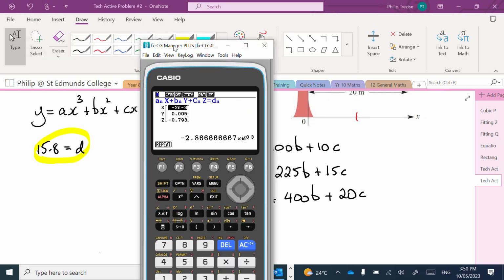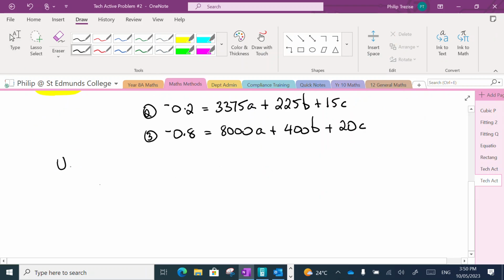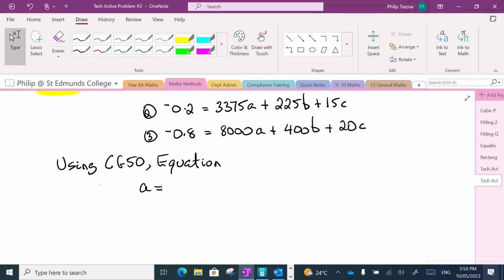So I will write down my solution using the CG50 equation app. I had A equaled negative 2.87.